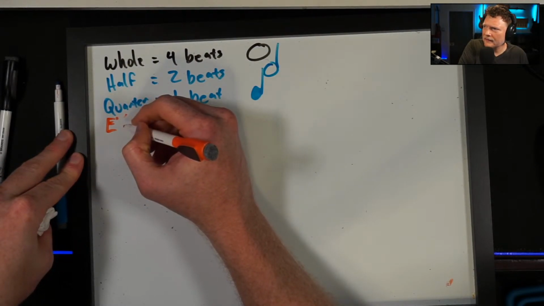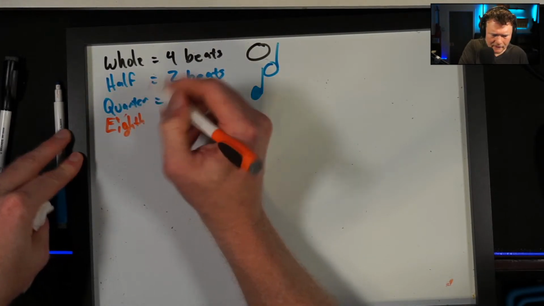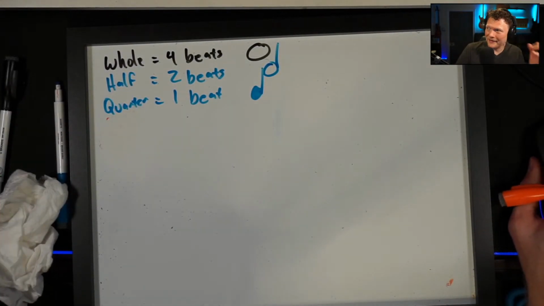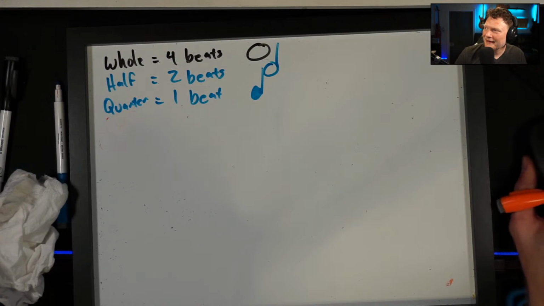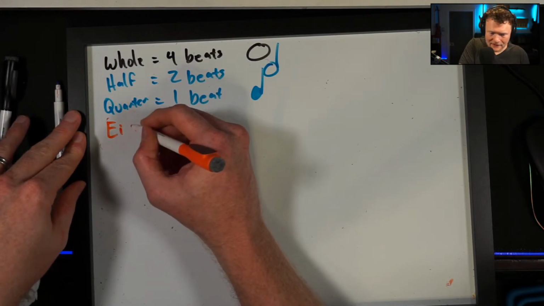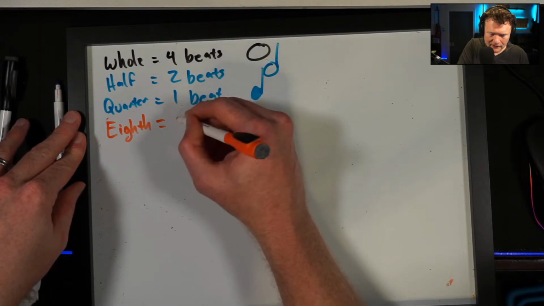Why is my brain doing that? How the heck do you spell eighth? Sorry, that's super embarrassing. That's what happens when you do these late night ones. I'm sorry. There we go. E-I-G-H. Yeah, it just looked weird to me. Eighth note is worth a half a beat.